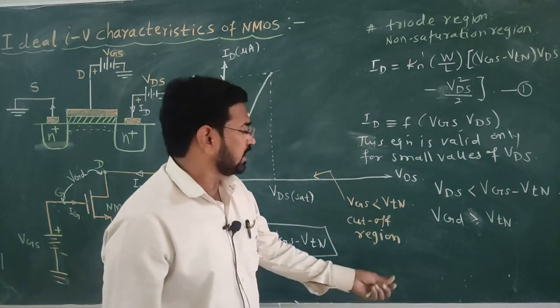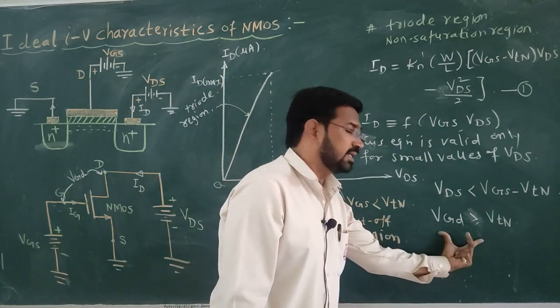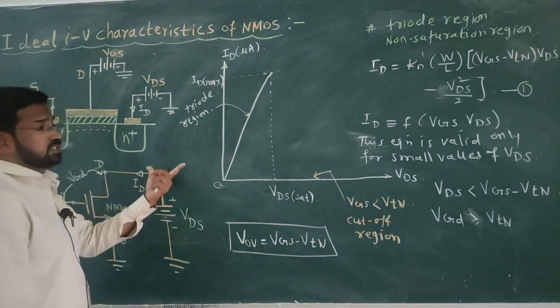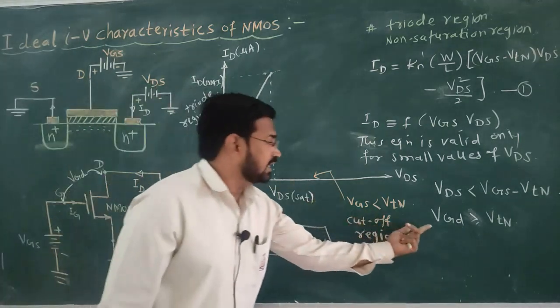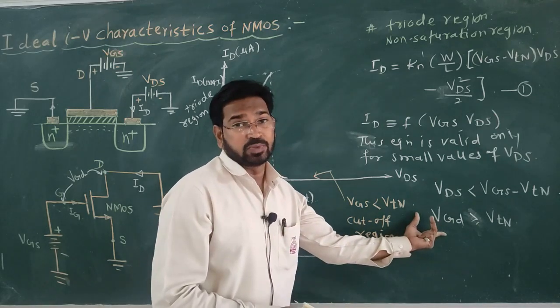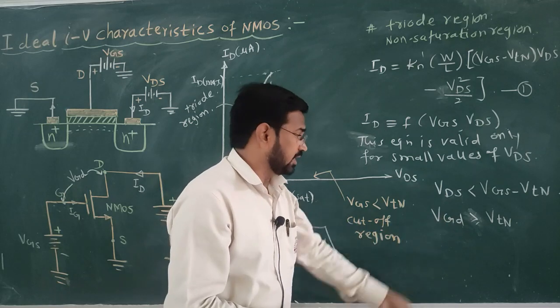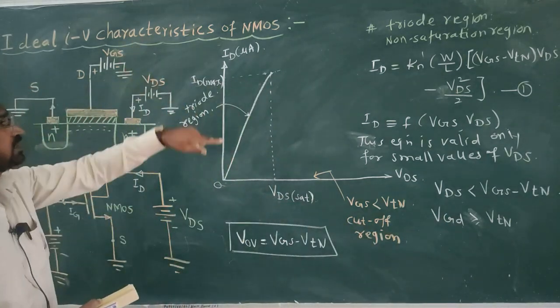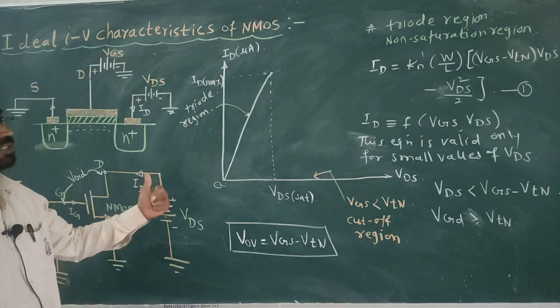When we maintain this voltage above this, at that time this device is in the non-saturation region. If this condition changes, the device goes into the saturation region. We will write the equation for that also. So, this is all about the triode region or non-saturation region.